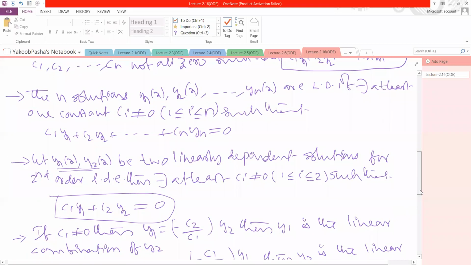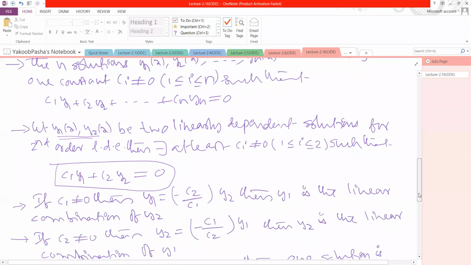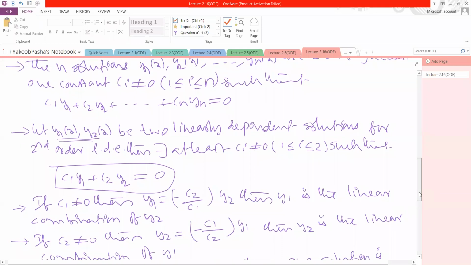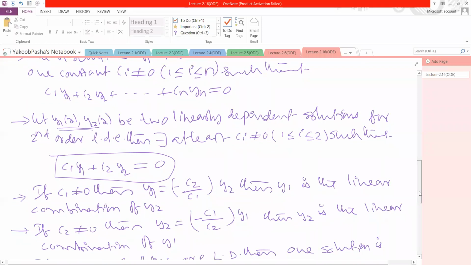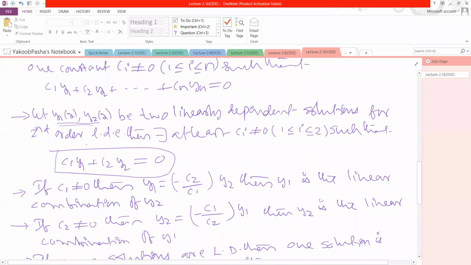And when we take two solutions y1, y2 that are linearly dependent, then one solution is the linear combination of the other. That means y1 is a linear combination of y2 or y2 is a linear combination of y1.